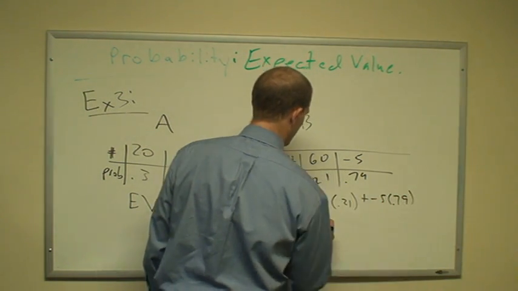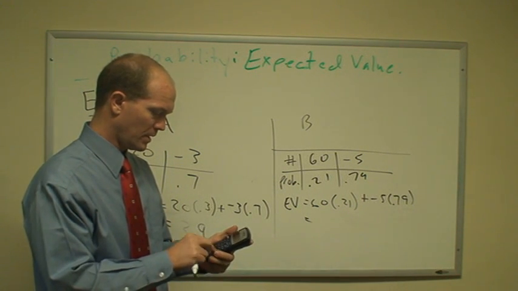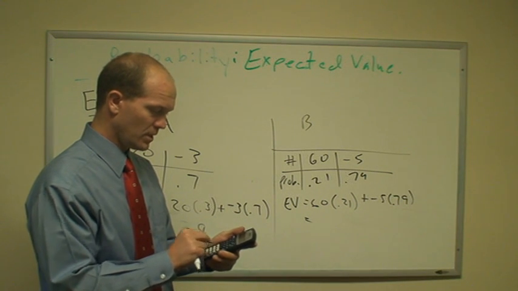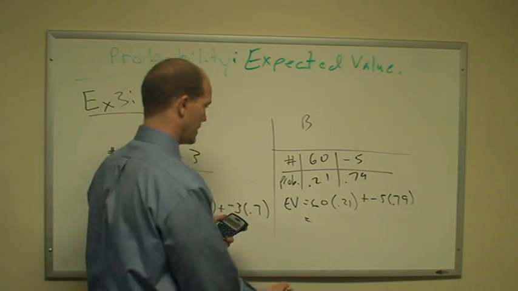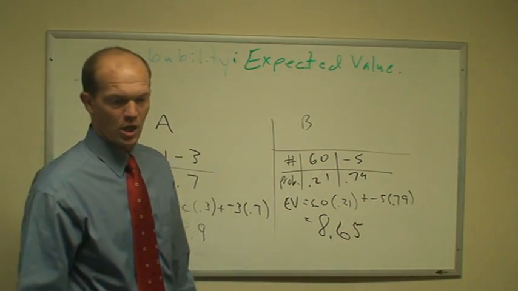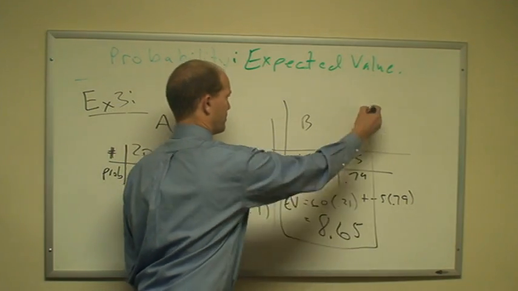Working this out, I'll grab my handy dandy little calculator here: 60 times 0.21 plus a negative 5 times 0.79. I'm going to get this as 8.65. On the basis of the expected return only, I'm going to pick site B.